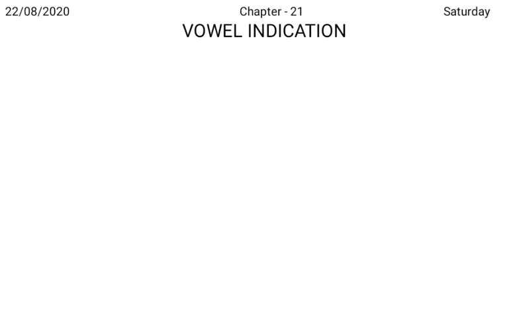We have learnt a rule, that is, before K, G, M, downward R and upward R, if the sound of W comes, it is represented in short form.